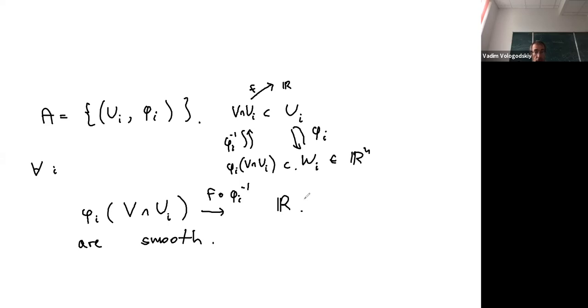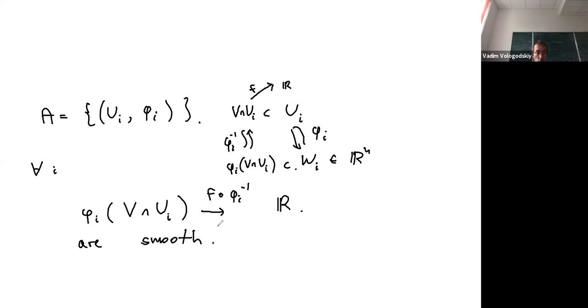Because if I compose a smooth function on an open subset of Rn with a diffeomorphism from one open subset of Rn to another, the composition is still going to be smooth. Composition of smooth functions is smooth. And it's also clear that every smooth function is continuous.